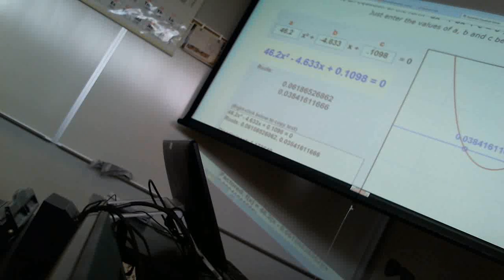And then 2x, I erased my x, but it's here, 2x is double that, so 0.07682 molar.